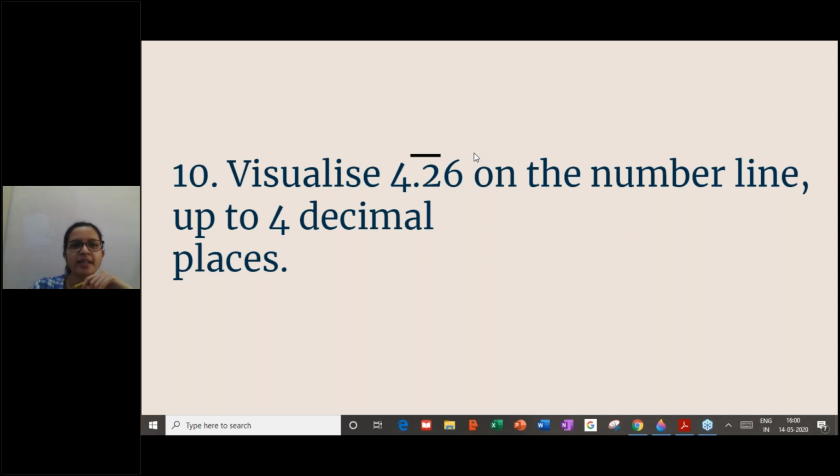Yes, Puneet, the bar is on 26, both 26. So the number you have to visualize is 4.2626. Send me a picture once you're done. I hope you get it since the concept is relatively easy.